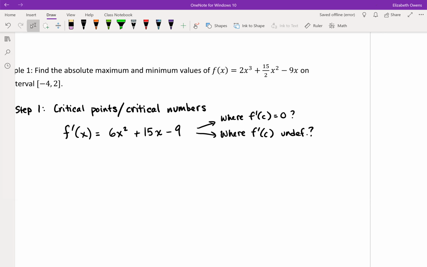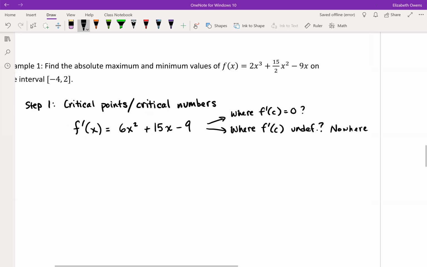For this particular function, that would be nowhere, because this is a nice polynomial quadratic type of function there. There aren't any points where this function is going to be undefined. So that doesn't happen anywhere. So we can rule that option out for right now. We can really just focus on where the derivative is going to equal 0.